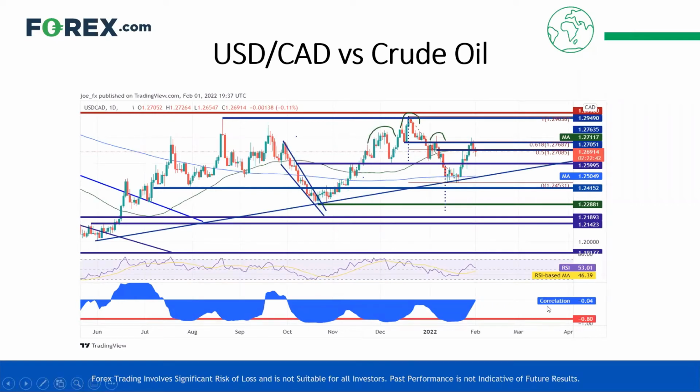If you take a look at the correlation right now, there's no correlation at all on a daily time frame between dollar CAD and crude oil. You can see there was in January, but in the last couple of weeks there hasn't been, and it's actually been decreasing. So you can't use that on the daily time frame to trade.